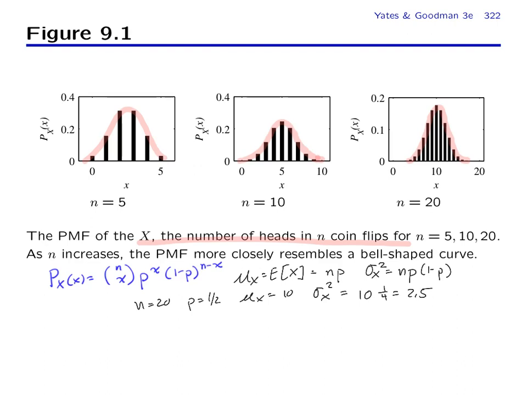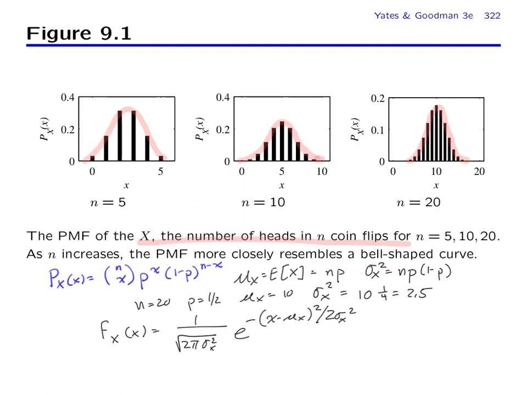Our definition of a bell-shaped curve is the curve of the Gaussian PDF. So we can imagine a Gaussian random variable, x, with this mean and variance, and we know that its PDF is 1 over the square root of 2 pi sigma_x squared, times e to the minus (x minus mu_x) squared over 2 sigma squared.